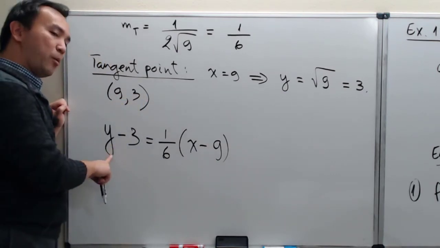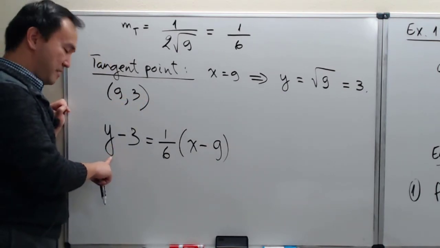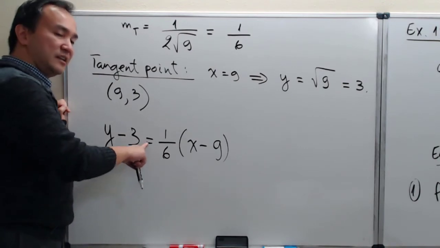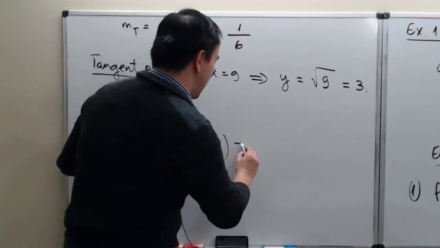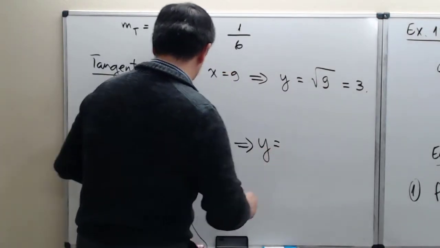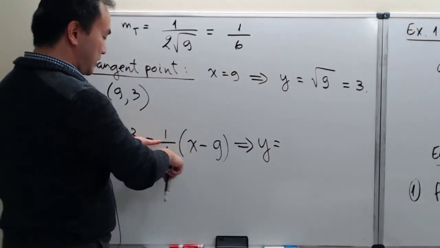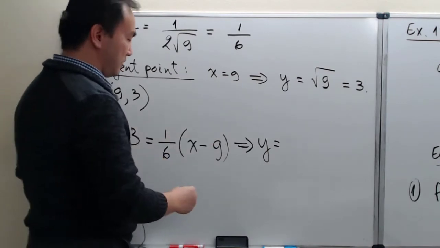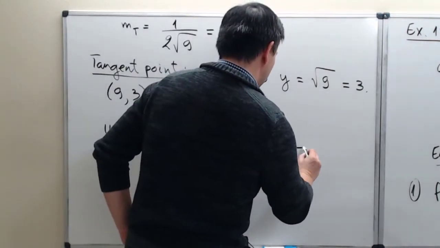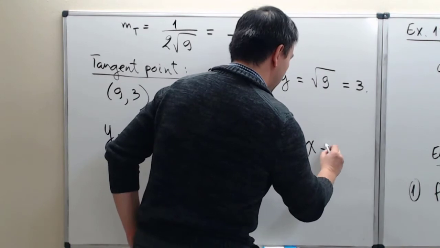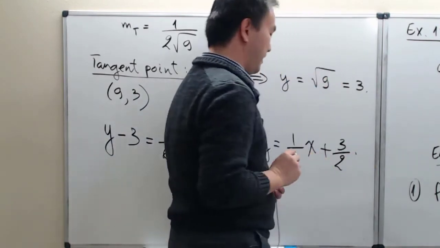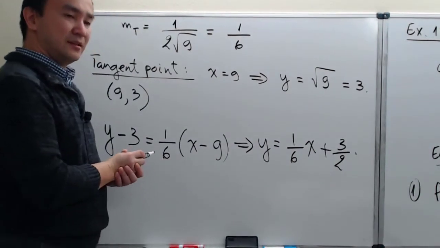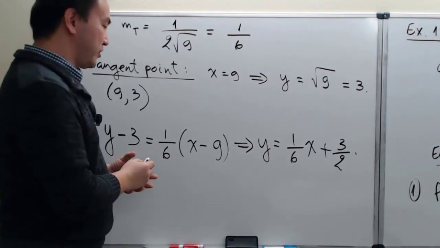Okay, so this is your point-slope equation of the tangent line already. But I want to purposely write that in the form y equals mx plus b. So y equals, I'm going to distribute that 1/6 to each term and add the 3 over. So now we're looking at 1/6 x plus 3 halves. All right, and so now that's your equation of the tangent line.